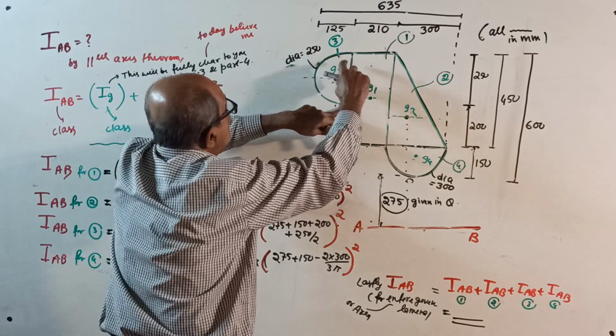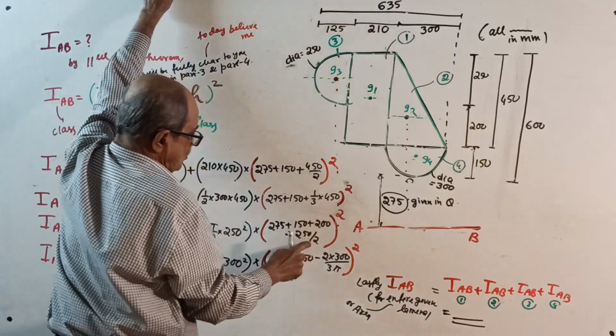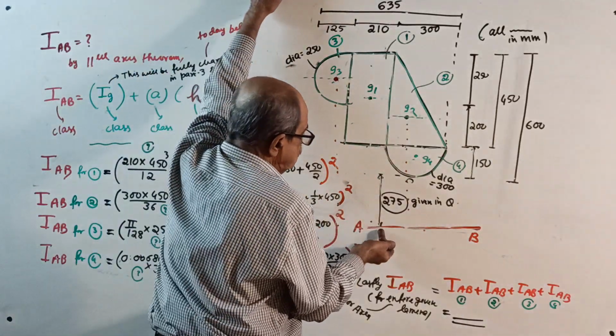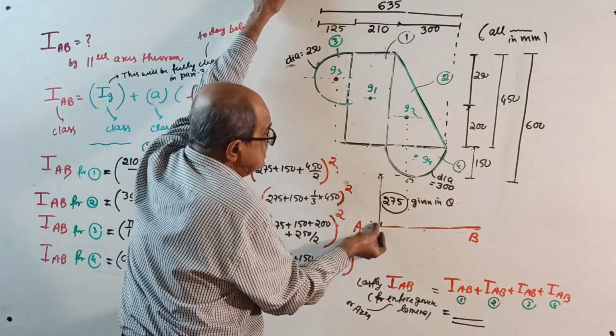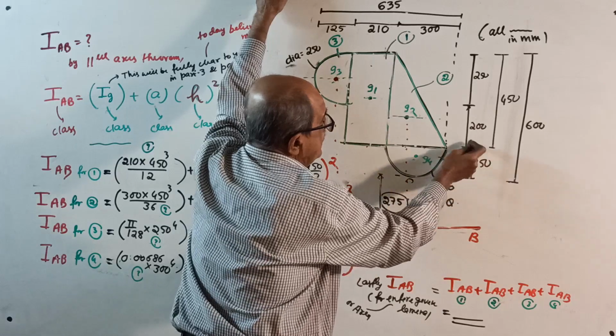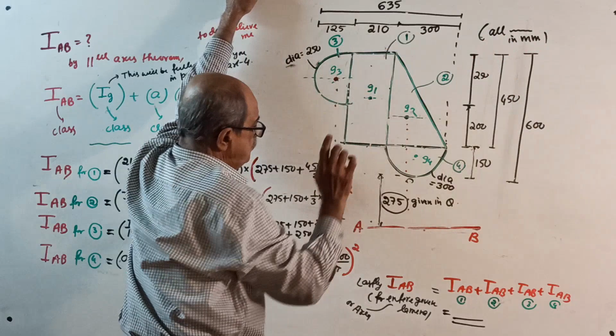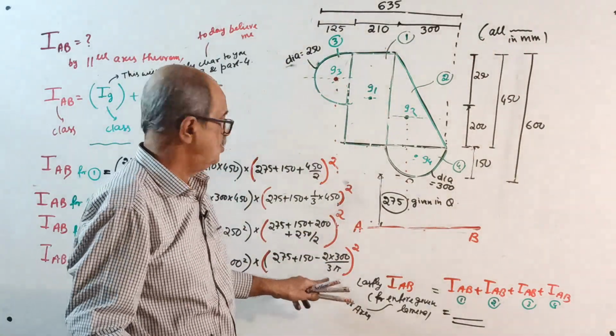Why? Diameter 250 means this is 250 by 2, whole square. Or you can do one thing: 275 plus 150 plus 600 minus half of 250. That also will do.